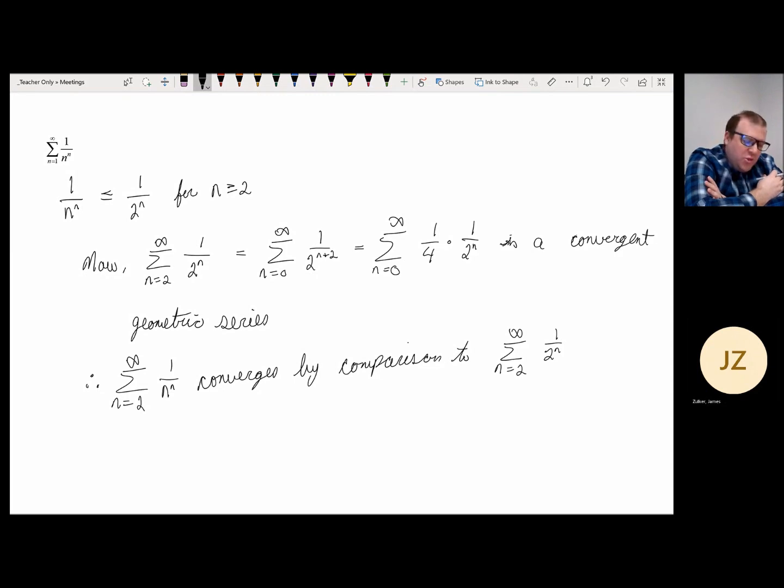So the series n equals 2 to infinity of 1 over n to the n converges by comparison to the series n equals 2 to infinity of 1 over 2 to the n. But that was not our original series. Our original series was n equals 1 to infinity.